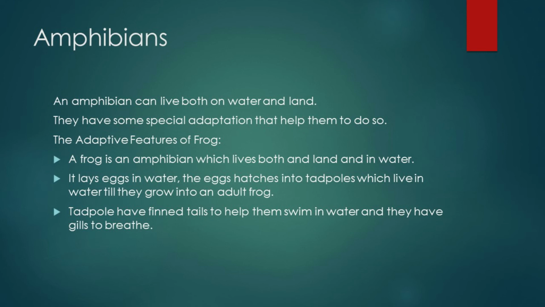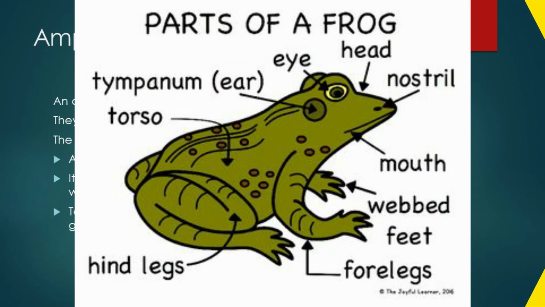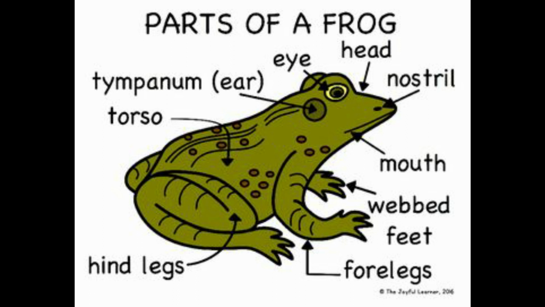They look like fish, with gills and fins to swim in water and breathe. As the tadpole grows, it develops lungs and other parts of its body, and then it is an adult. So these are the special features which make the frog able to live on land and in water.